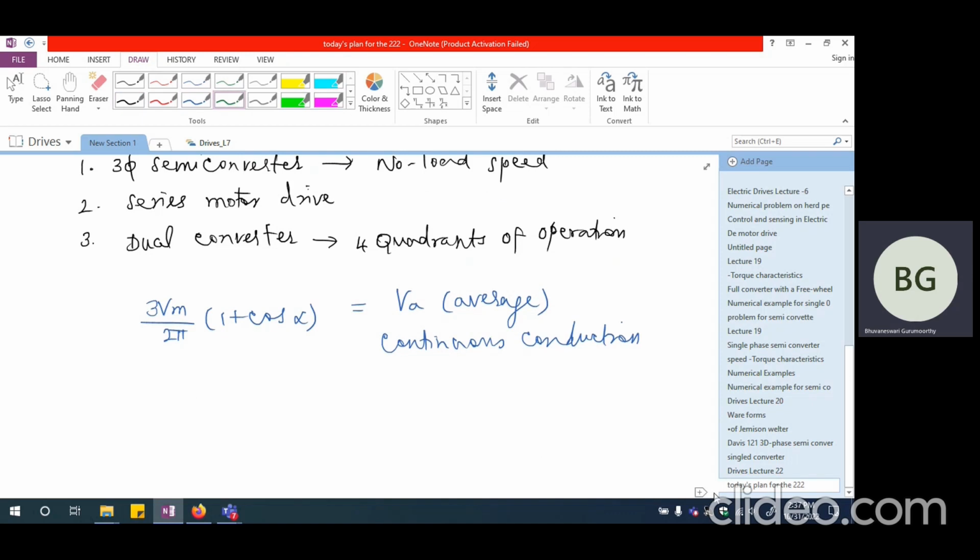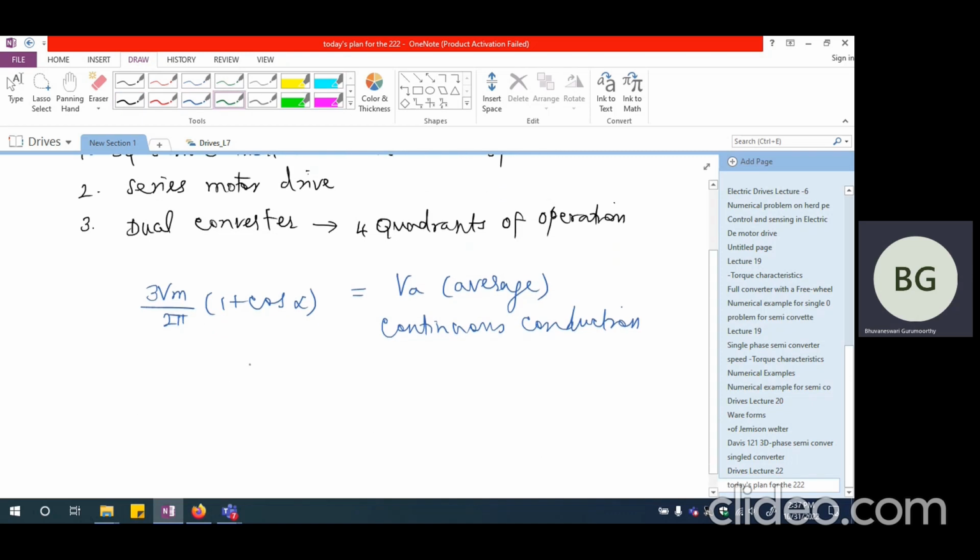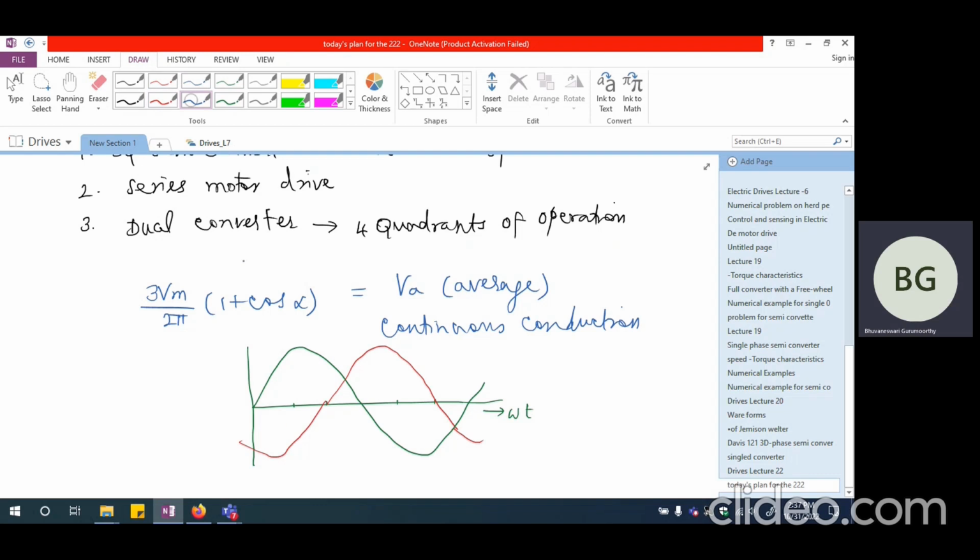So if I again draw the waveform for the three-phase semi-converter case, so this is omega t, and let us say this is one phase voltage. So let me draw the second phase. So this is going to be the second phase voltage. And I'm going to have the third phase voltage somewhat like this.